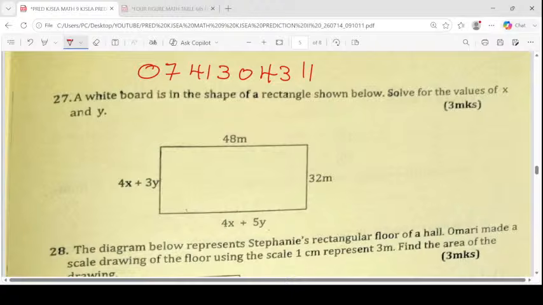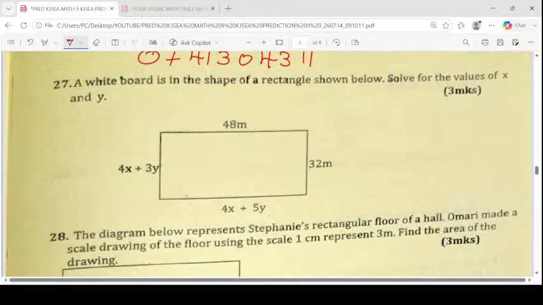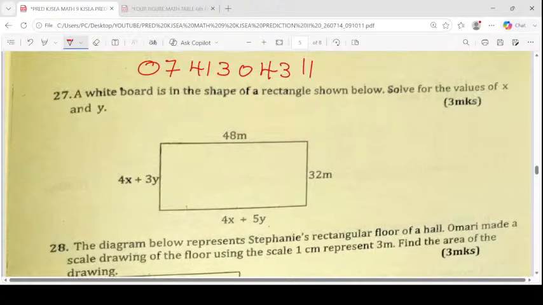Let's look at question number 27. A whiteboard is in the shape of a rectangle shown below. Solve for the values of x and y. Now, for us to solve for the values of x and y in this particular question, ladies and gentlemen, one key thing you need to remember is the properties of a rectangle: that opposite sides of a rectangle are always equal. So this side should be equal to this side.